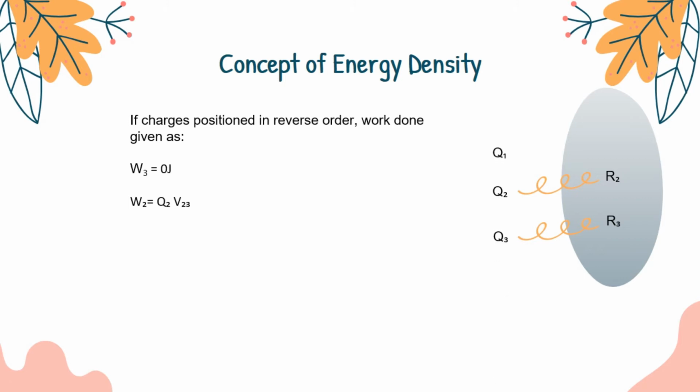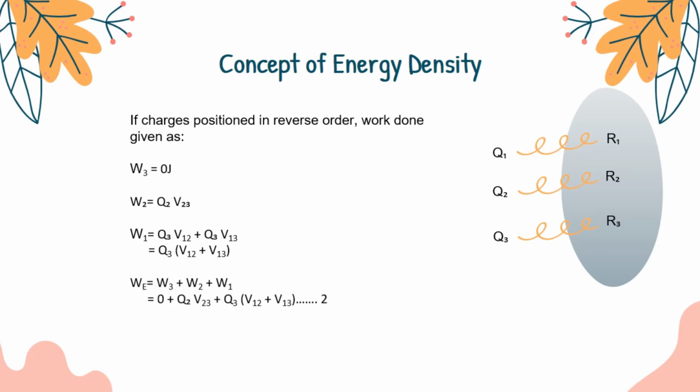Next, when the point Q1 is moved to the position R1, we will get that the work done is equal to Q1 V12 plus Q1 V13. It is also equal to Q1 in bracket V12 plus V13. So the total work done is given by W3 plus W2 plus W1. It is also equal to 0 plus Q2 V23 plus Q1 in bracket V12 plus V13. We name this as equation number 2.